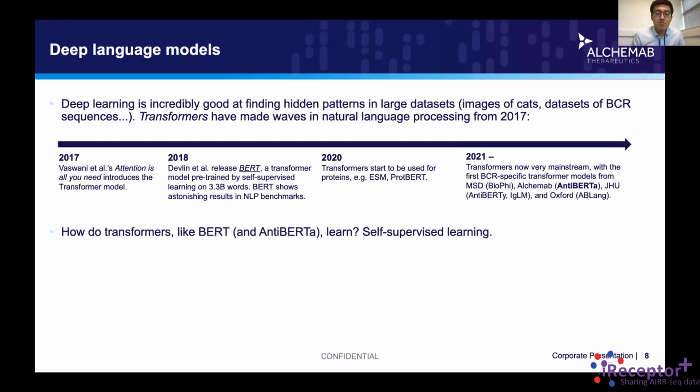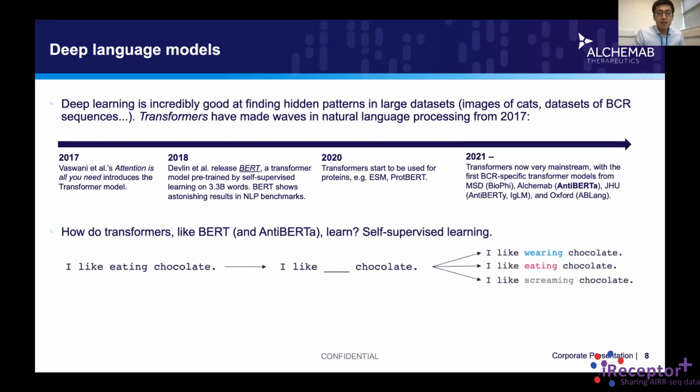So here, this is where transformers learn by an approach called self-supervised learning. So what does that mean? How transformers learn is, if you have a sentence like, I like eating chocolate, then what we do is randomly mask out random parts of the sentence. So you might mask out the verb eating, and then you have, I like blank chocolate.